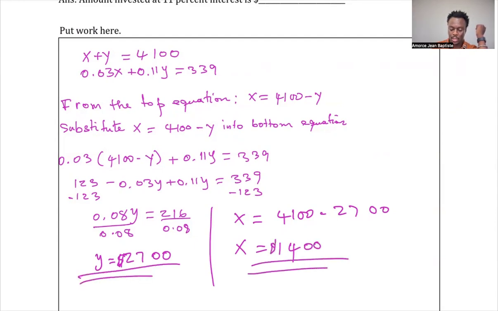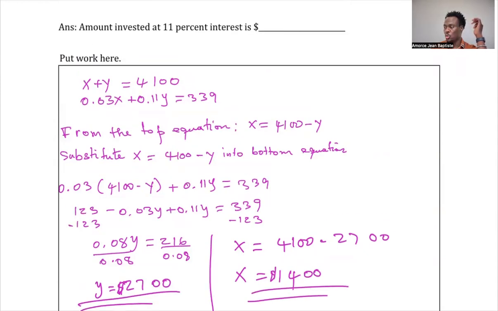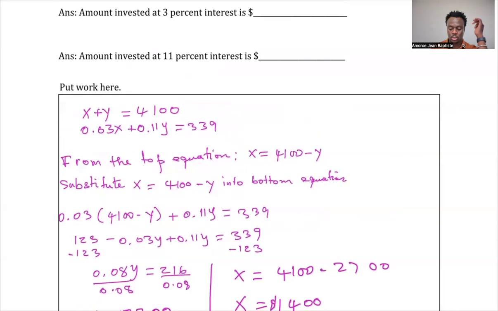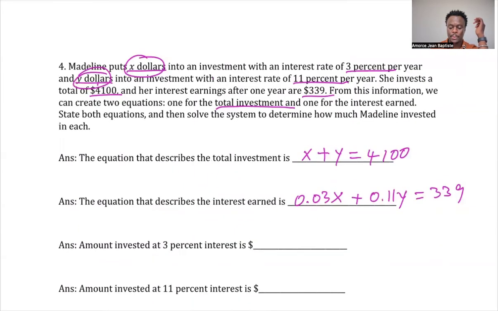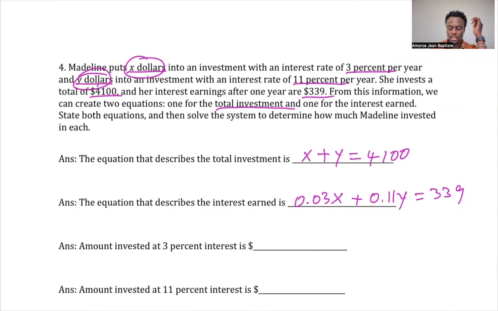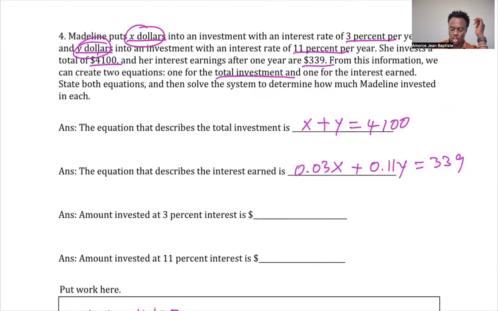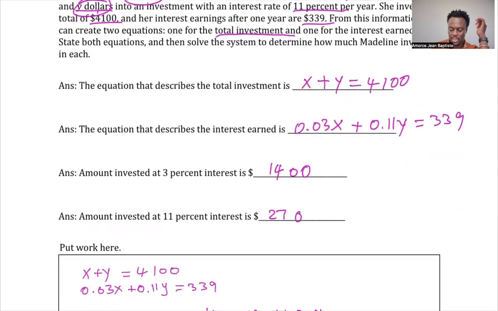So x was what? X was the amount invested into the account of 3% interest. So 3% interest is 14,000, and then 27,000.